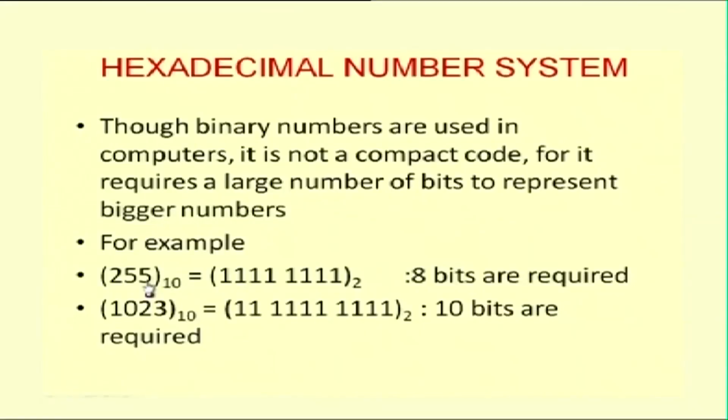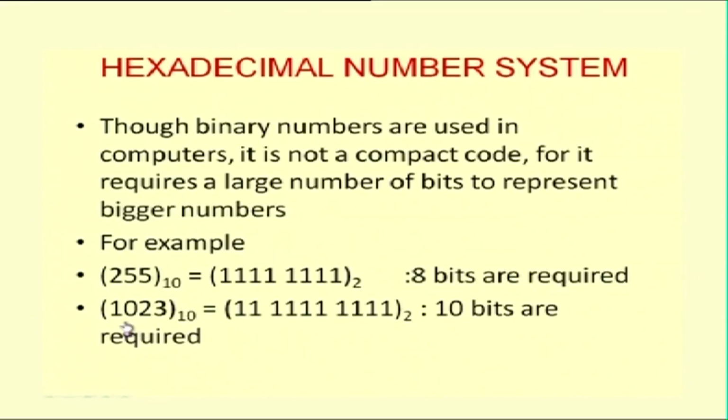We have already seen in the last lecture what the binary number system means, but there is a drawback the binary number system has. Suppose we take a number like 255, in decimal. In binary we write it as 11111111. This is how the number gets converted to a binary number, and you can see that 8 bits are required to describe this.